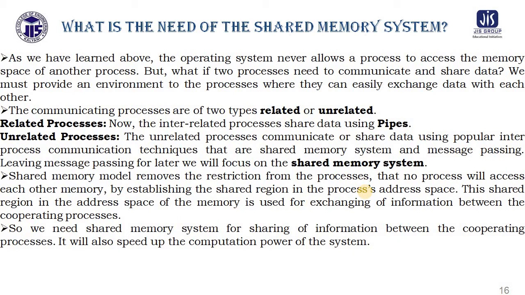Next, communicating processes are of two types: one is called related communication, another is called unrelated communication. Related processes share data using pipes, but unrelated processes communicate or share data using popular interprocess communication techniques, that is the shared memory system and message passing.